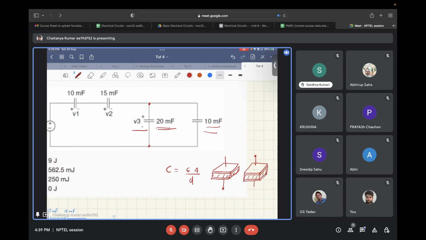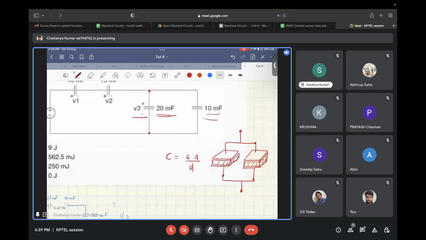So these two capacitors are present in parallel to each other. Now, what will be the total capacitance that you will see?